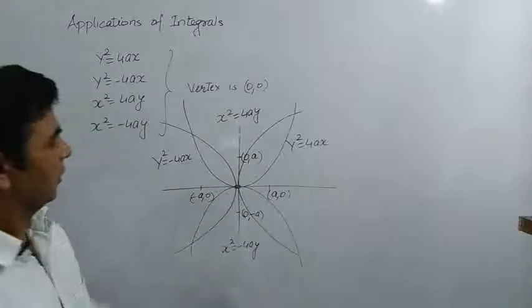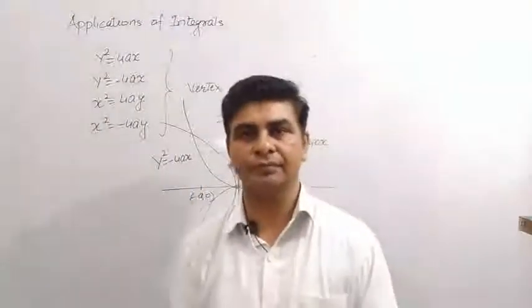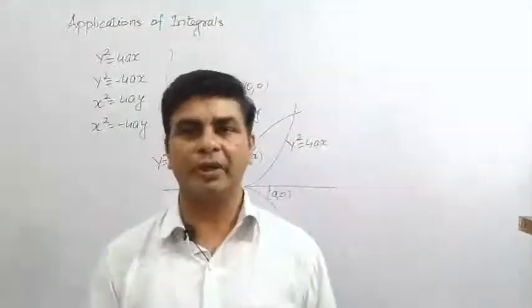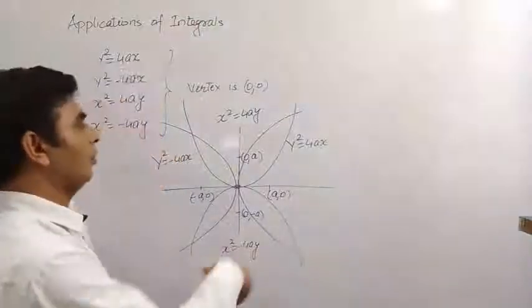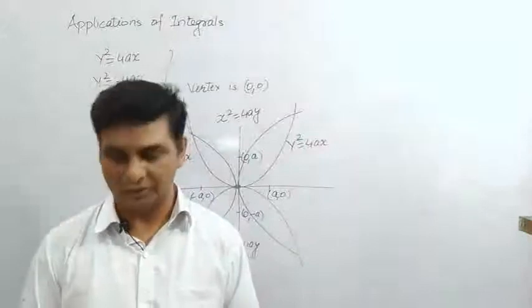The vertex is (0, 0) for all four parabolas. So this is the second symmetric figure which is involved in finding the areas of bounded regions.